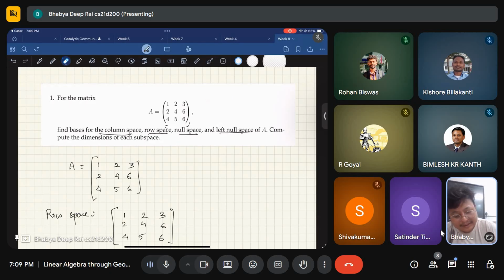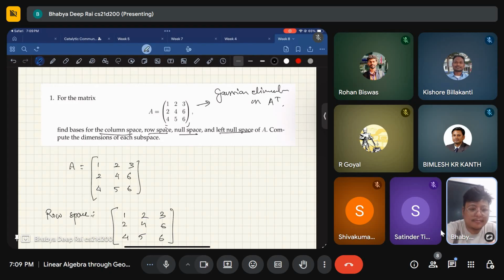So what you can do is instead do Gaussian elimination on the transpose. Personally, I find this more elegant, and you can do that. I'm just doing a very layman kind of way, looking directly at the columns. But if you want to formally do it, then you need to do Gaussian elimination.